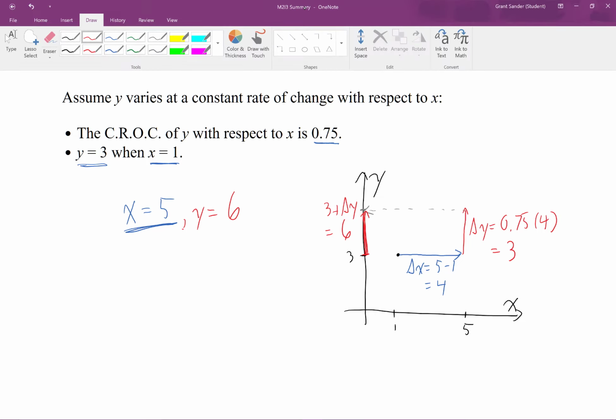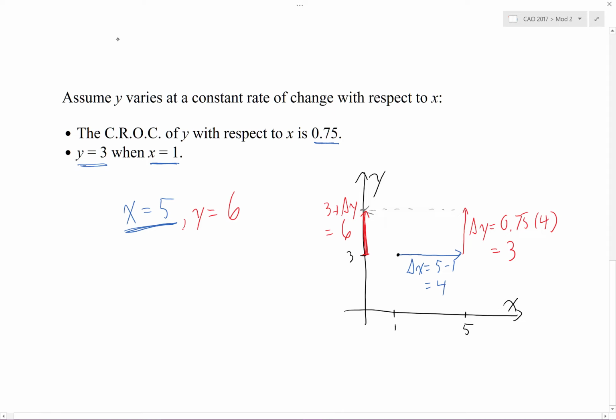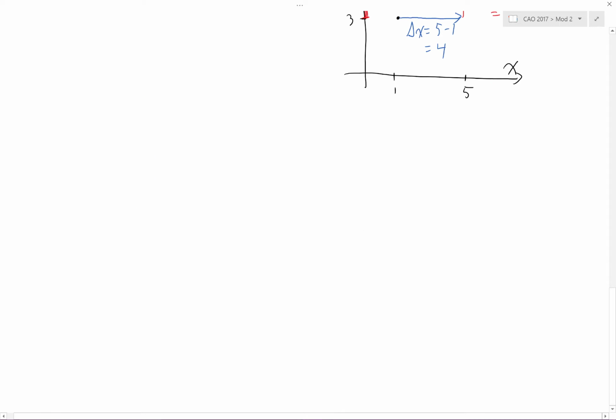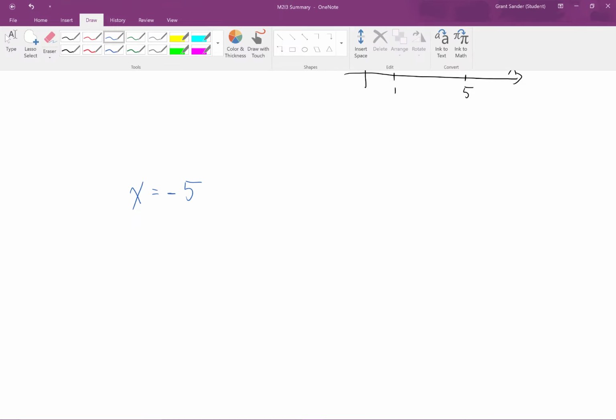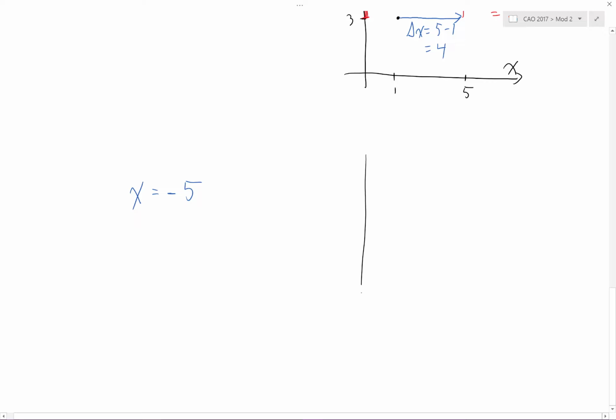Now let's see what happens when x decreases away from 1. So let's look at what happens when x equals, let's say, negative 5. Again, if we draw a sketch of a graph to keep track of our quantities, we can plot x on the horizontal and y on the vertical. And again, we know that when x equals 1, y is equal to 3.